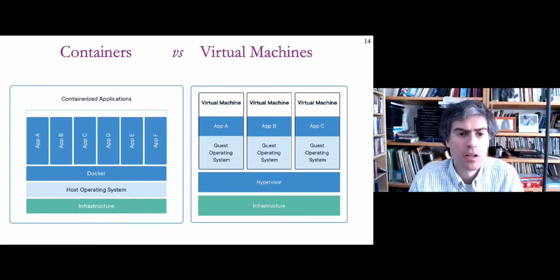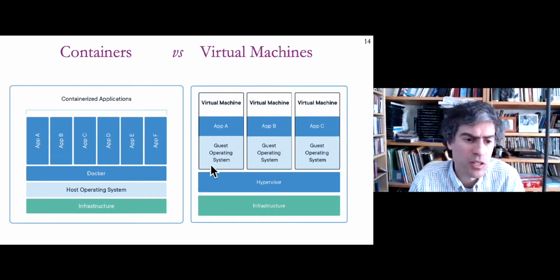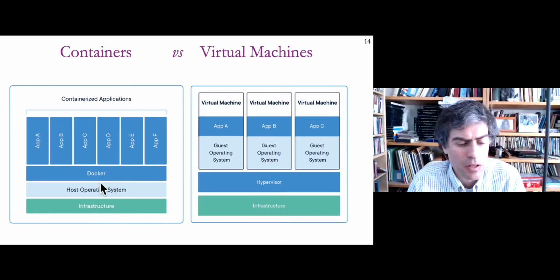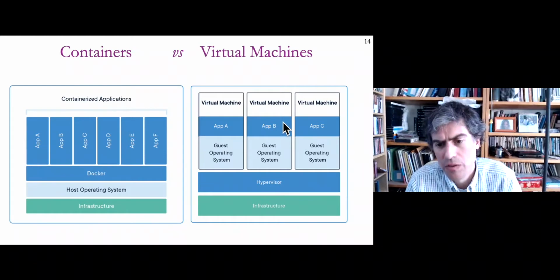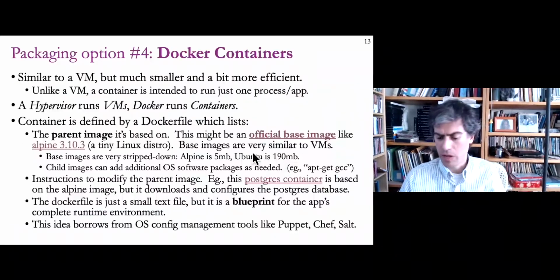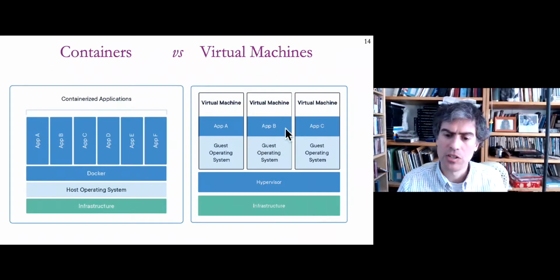So if we want to compare containers and virtual machines, we see that containers allow several applications to run on top of an operating system, but they're doing that through Docker. You can also run more than one application on a physical machine using virtual machines. The difference is that you have a full operating system for each of those applications if it's running in a virtual machine.